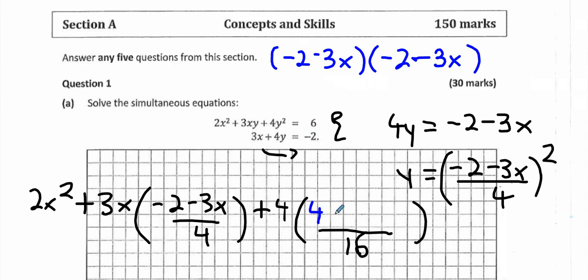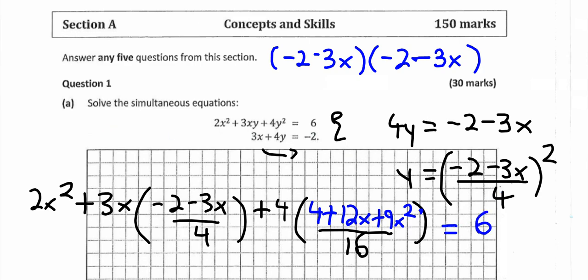Minus 2 by 3x? 6x. Minus 2 by 3x is another 6x. And then 3x by 3x is 9x squared. And then the 6x's in the middle combined to give me what? 12x, yeah? We cool? And that all equals 6.